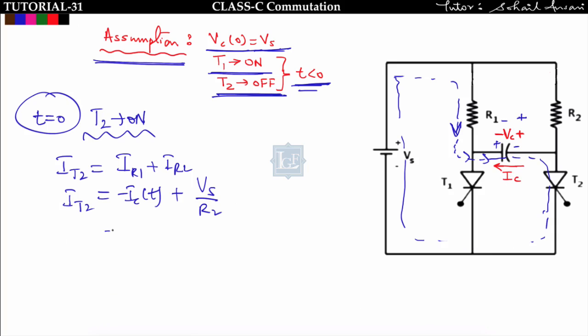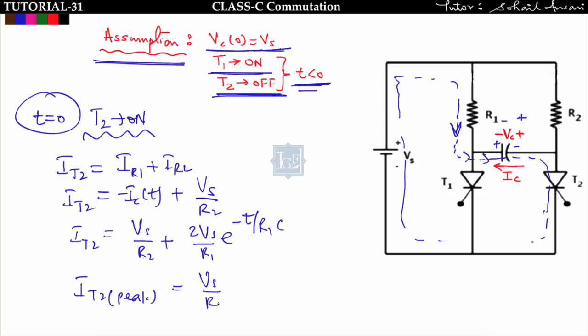So finally IT2 I will get, that is equal to Vs upon R2 plus 2Vs upon R1 e to the power minus t upon R1C. This is the IT2. So what will be the peak current? IT2 peak will be Vs upon R2 plus 2Vs upon R1.